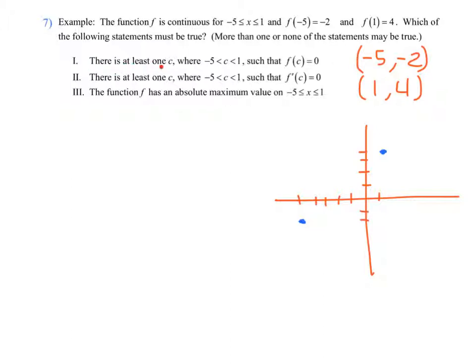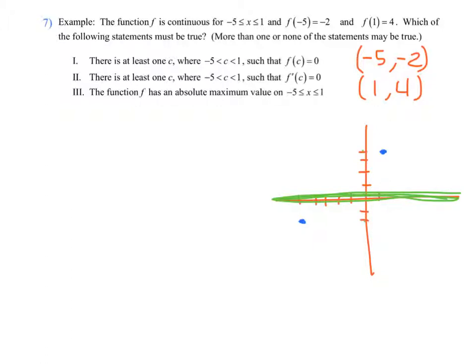All right, look at this first question here. It says there is at least one c in between, where c has to be between -5 and 1, such that f of c, such as the output, the height, is going to equal 0. Well, where is 0 on this graph? Well, obviously, hopefully you realize that's the x-axis, okay? So, does 0 fall in between -2 and +4? Absolutely.